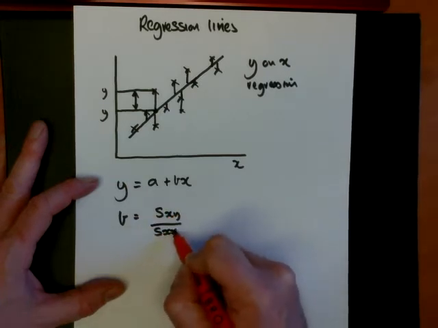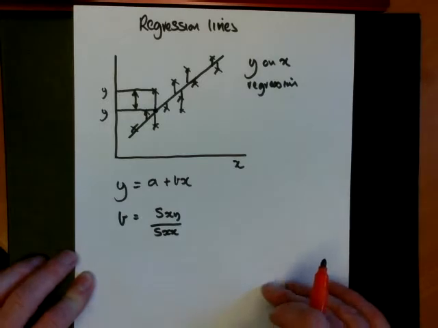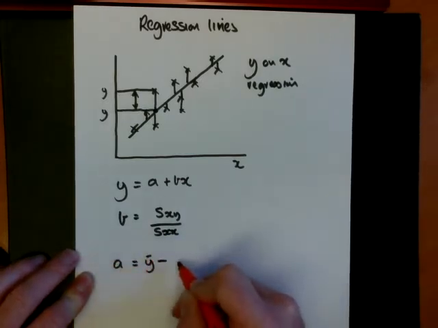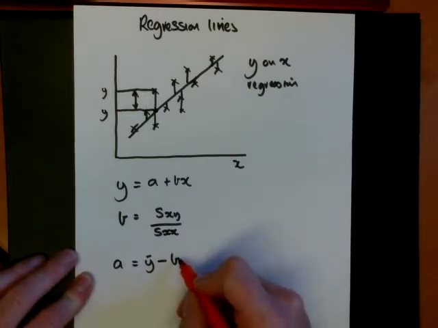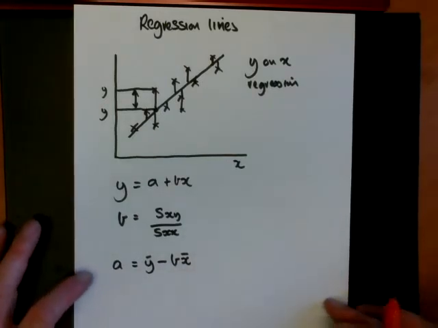And this gives us the gradient. I'll remind you what sxy and sxx are in a moment. The value of a is equal to the mean of y subtract b, so we have to calculate b first, times the mean of x. And then we have the values of a and b.